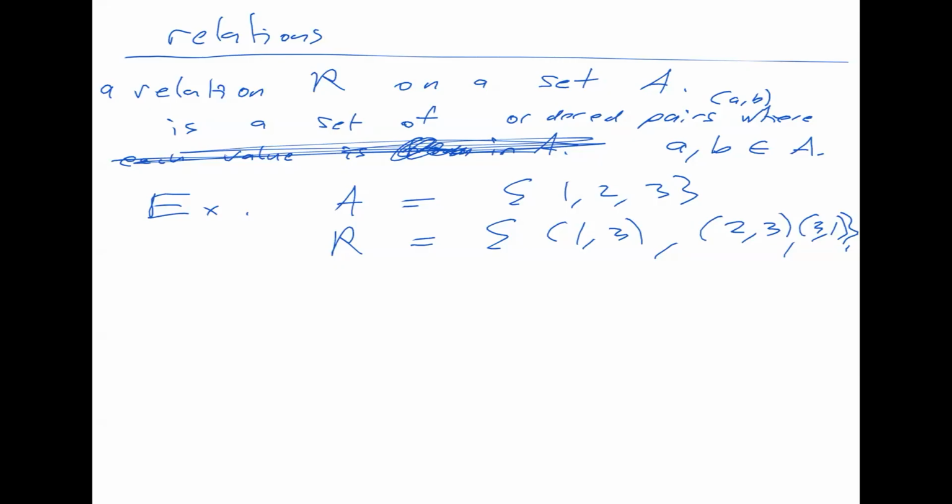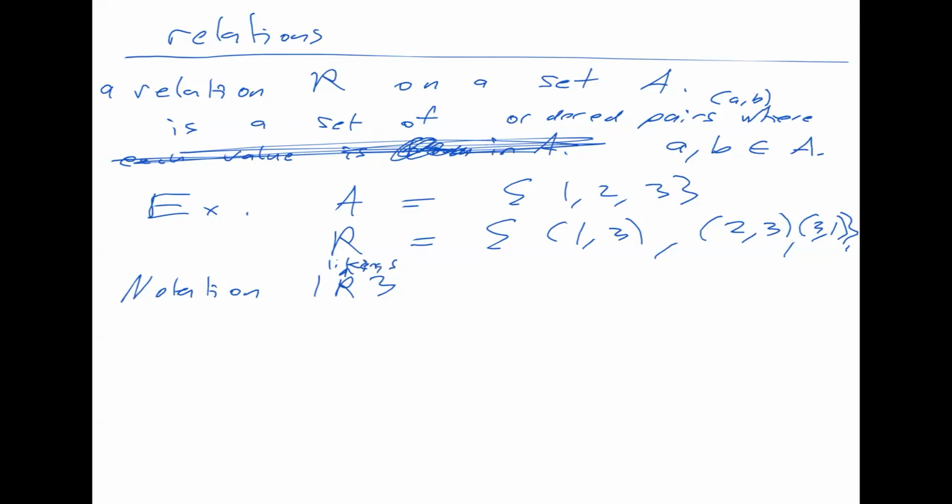So a relation on a set A is a set of ordered pairs where both of the numbers in the pair are in the set A. In notation, we would say that 1 is related to 3. Now I'm going to just have fun with this. Let's say that the relation is liking someone.